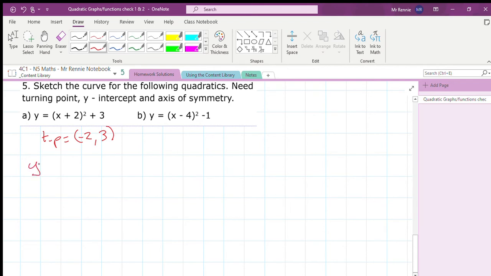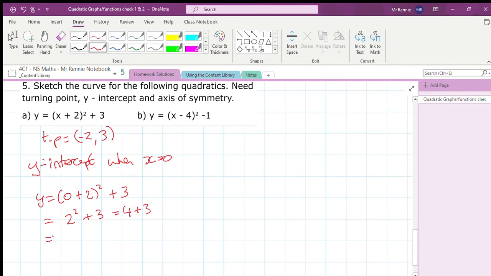The y-intercept is when x equals 0. So we're going to put x equals 0 into here, plus 3, and then we're going to have to work this out. So 2 squared plus 3, that becomes 4 plus 3, which gives me 7. So my y-intercept is the coordinate 0, 7.